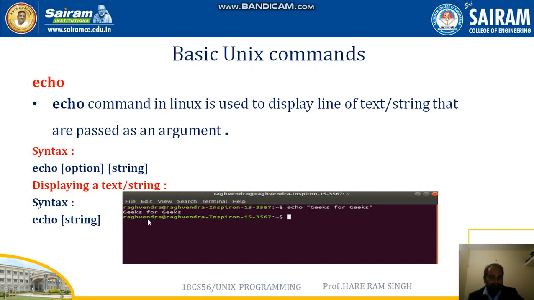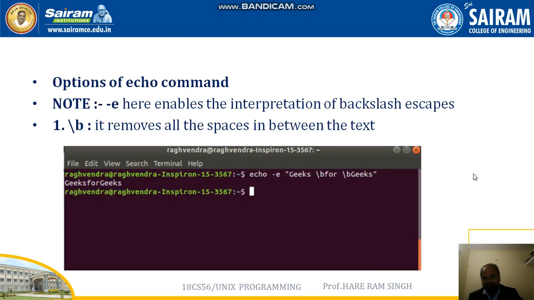Now we will see here echo geeks for geeks. We want to display this string or text, so we write the text and we get geeks for geeks. So simply whatever string or text you have written in front of echo will be your output.